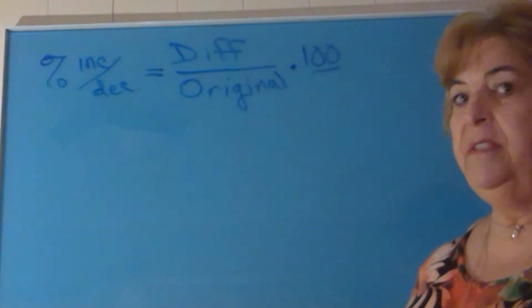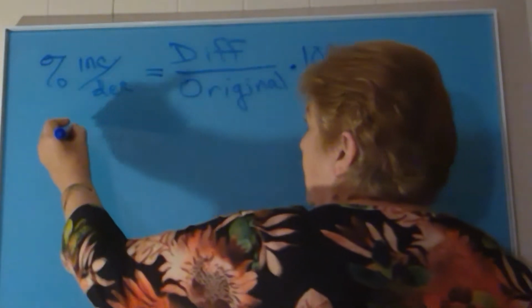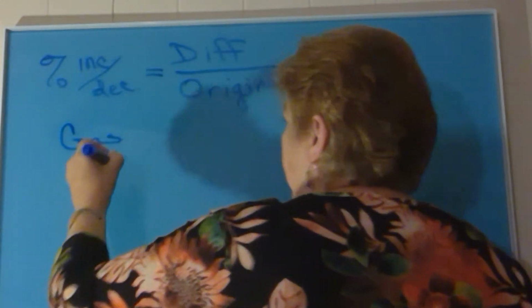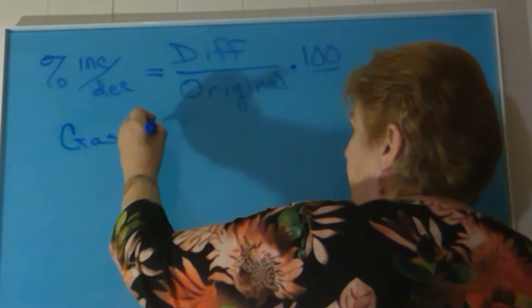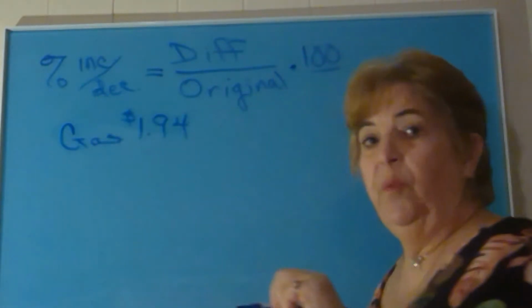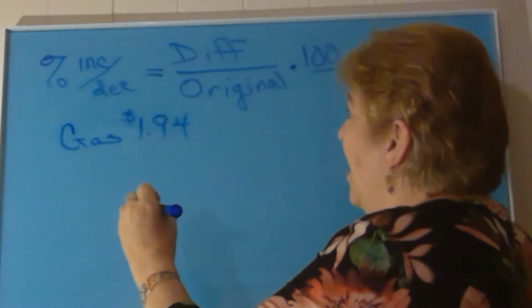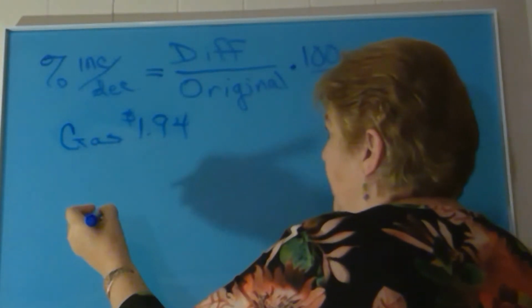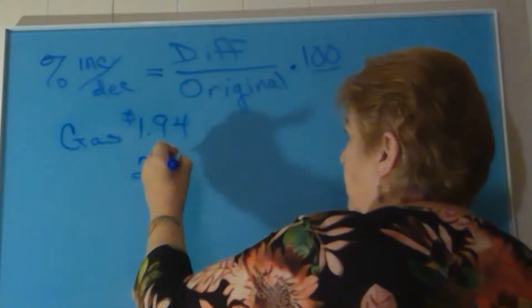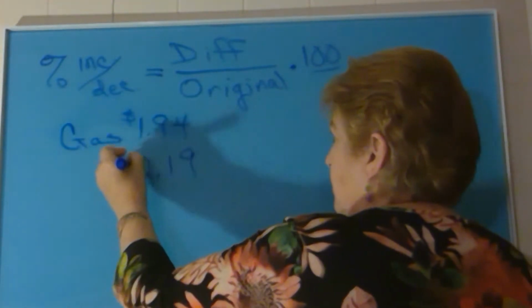So, for instance, last week I think the gas prices were $1.94 a gallon. That's what they were near me. And this week, they went up to $2.19 a gallon.